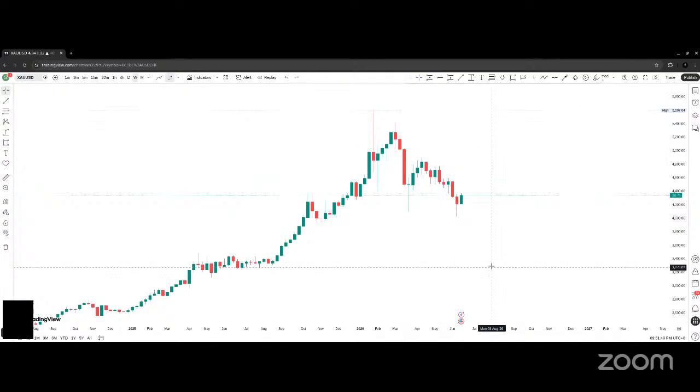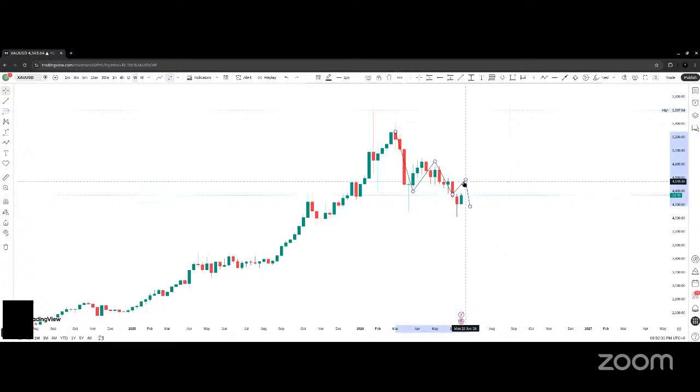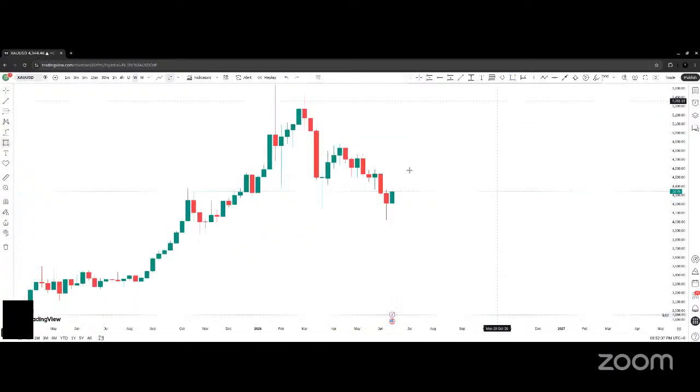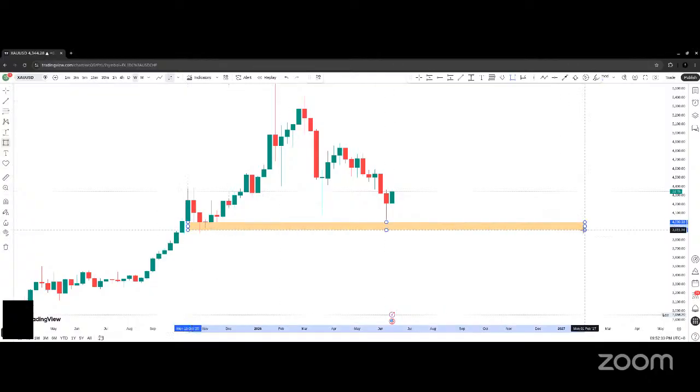Looking at the current structure, we can clearly see that overall we are printing higher highs and higher lows. Currently, yes, we are going back to the downside, but looking at the economics, price might go back to the upside because of the ceasefire. We do have a support formation over here, previous weekly area.